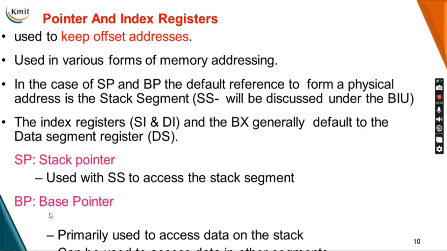Now the second one, the base pointer. You can call this a memory pointer to the stack segment register. It is primarily used to access data on the stack and can be used to access data in other segments as well.